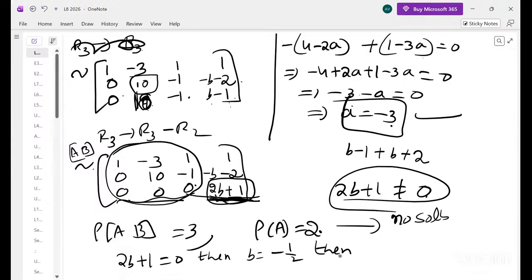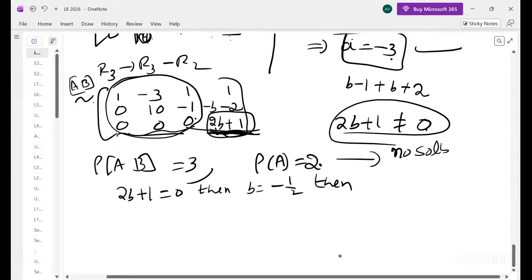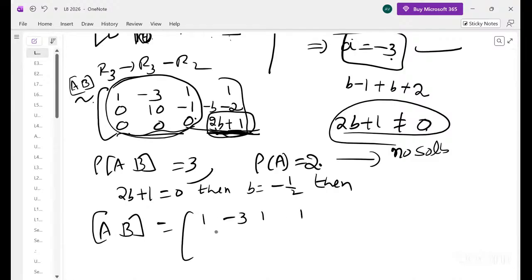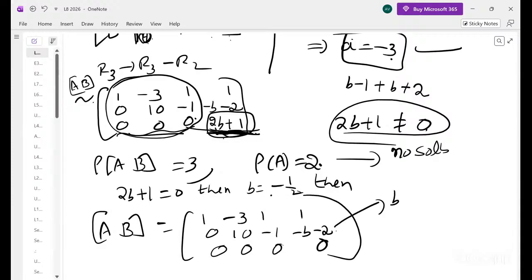Then the rank of augmented becomes equal to the rank of A. You can see minus B minus 2, 0, 0, 0. This 2B plus 1 is 0. This becomes C. Here B you can substitute later.